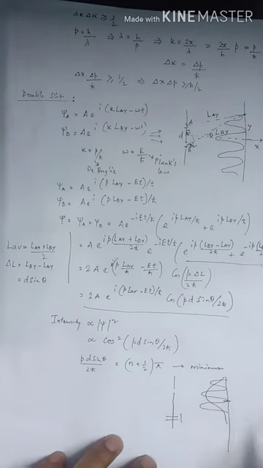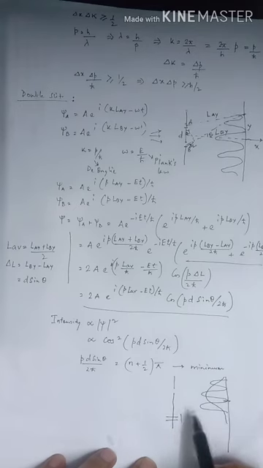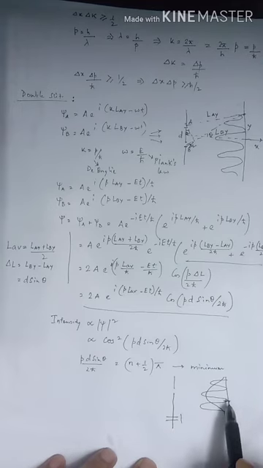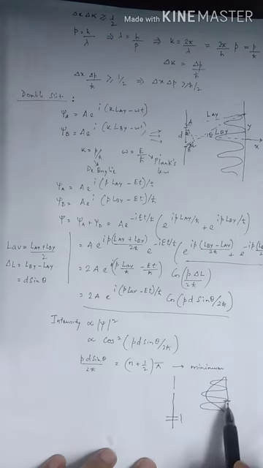So there are certain regions which are not reached by the electrons if both the slits are open, and when you close one of the slits, then these regions the electrons actually can reach.